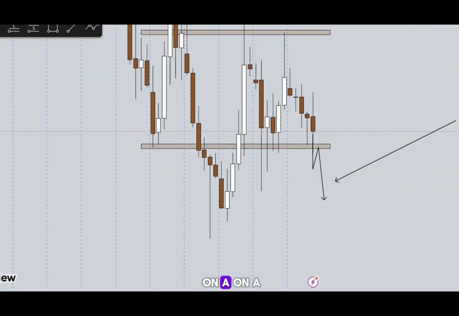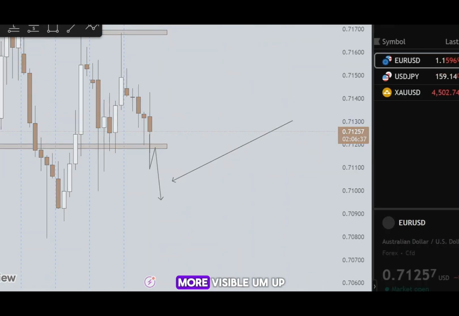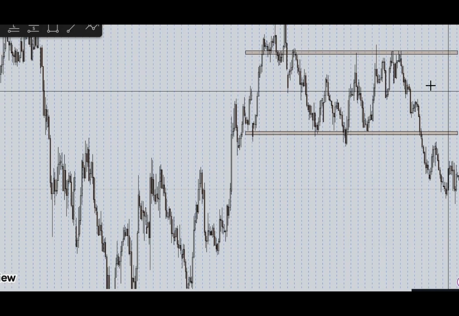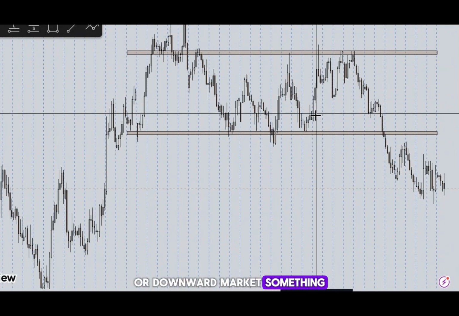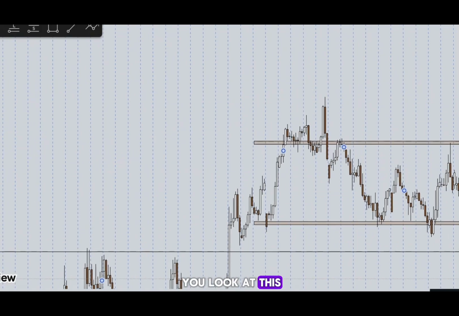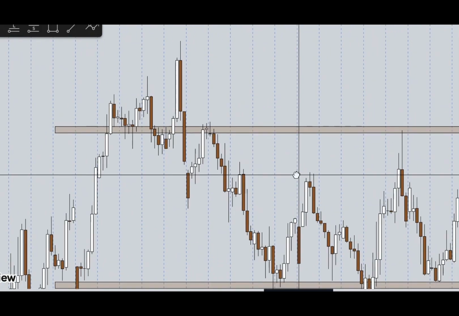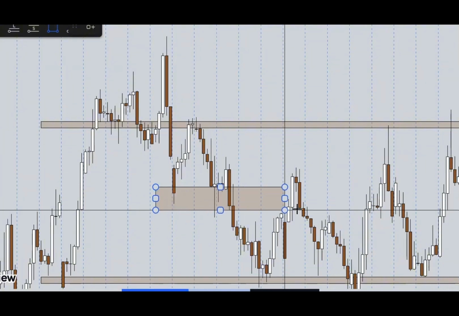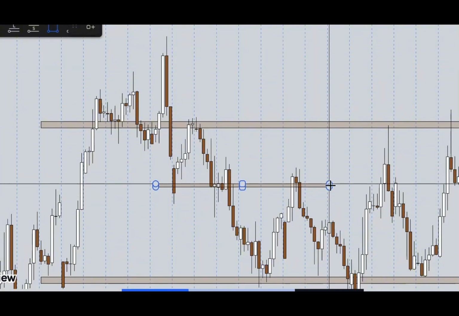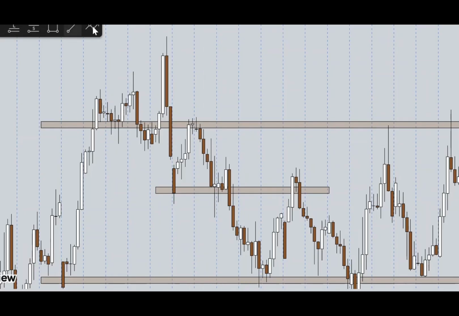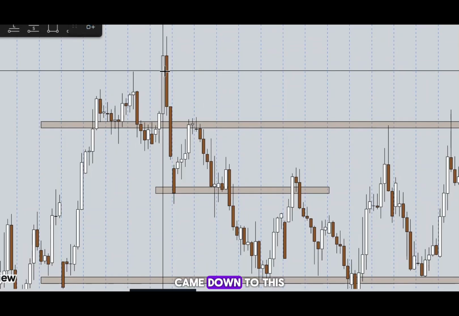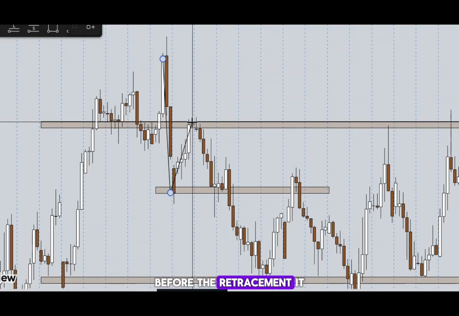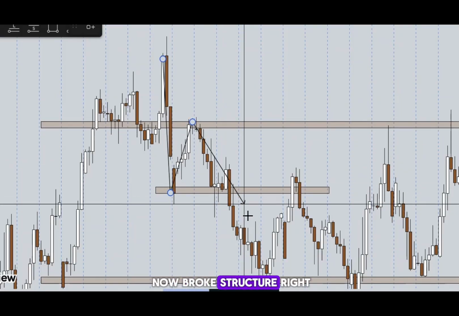You see it more visibly in an uptrend or downtrend market. Now you look at this very structure, you see that this was the old support, where price came down to this area before the retracement, and it has now broken structure.